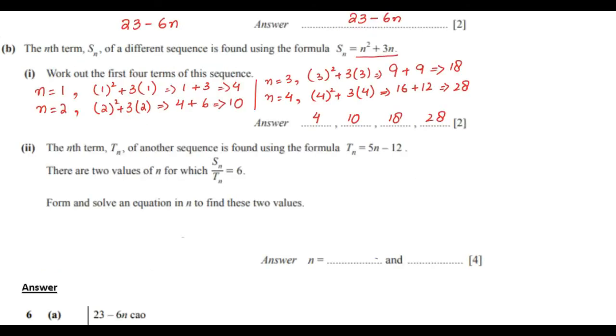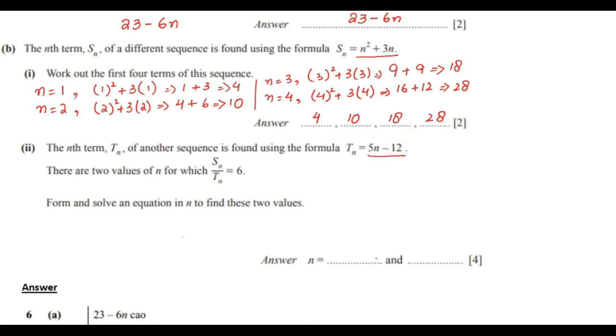In the second part, they are saying the nth term Tn of another sequence is found using the formula Tn is equal to 5n minus 12. There are 2 values of n for which Sn upon Tn is equal to 6. As we know, Sn is given in the first part, n square plus 3n, and here we have Tn as 5n minus 12.